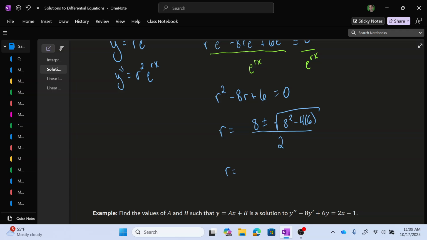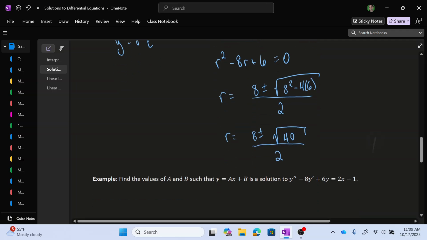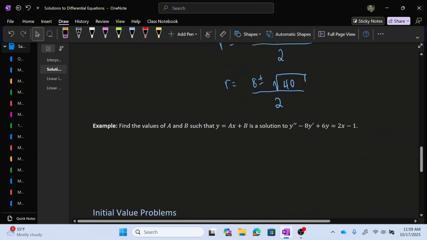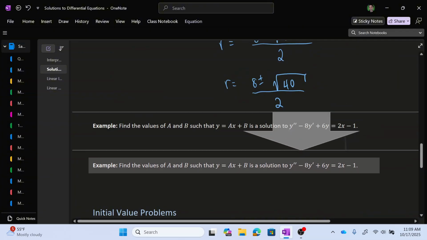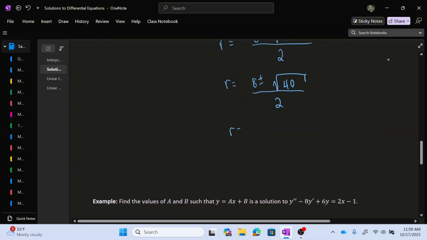R is equal to 8 plus or minus 64 minus 24. So I guess that's 40 under the root, if I've got that right. And so it looks like, after simplification, my r values are r equals 4 plus or minus the square root of 10.